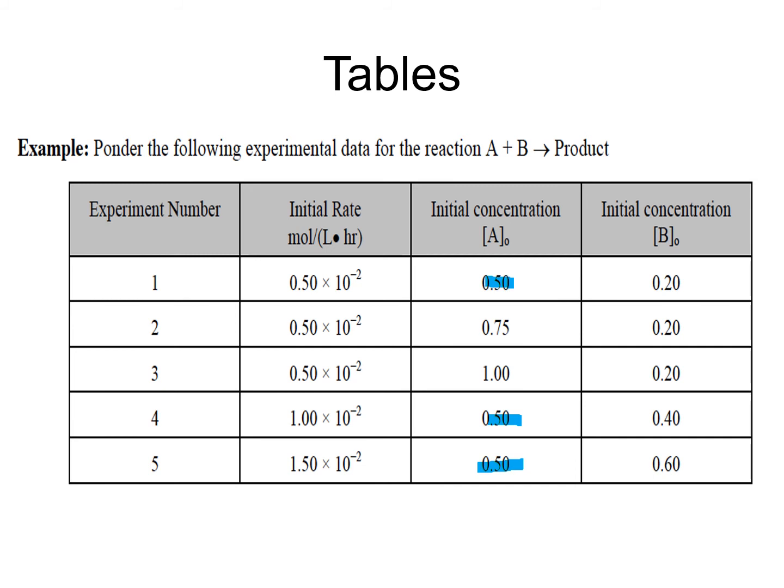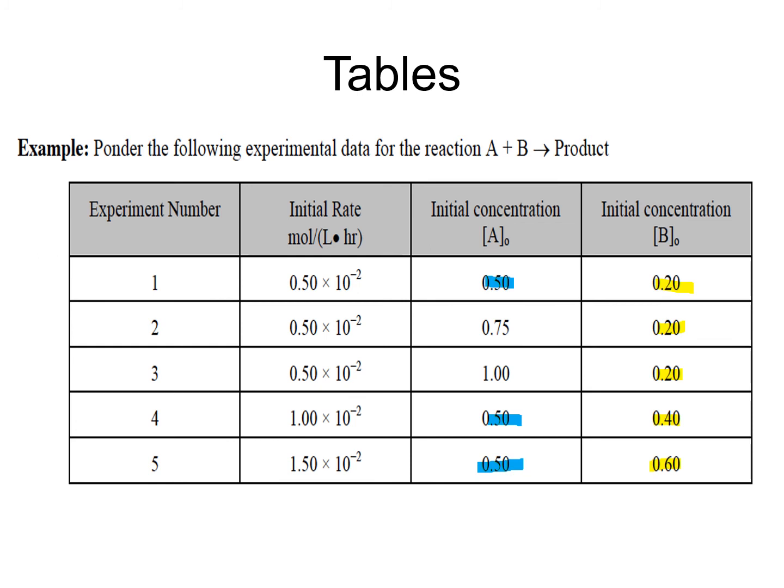Then we have several experiments in which A is held constant, and in experiment 4 you have increased B twice, so it's twice as big, and here it is multiplied by 3. For each of these experiments you're going to measure the rate, which in this case is molarity per hour.